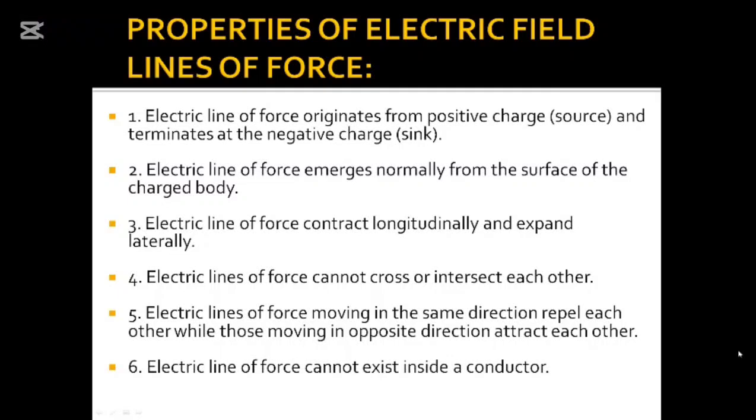Because some students will say, I thought when two conductors carrying current are moving in the same direction... No, that's not what we're saying. We're talking about lines of force now. So when electric lines of force are moving in the same direction, they repel each other. But when they are moving in opposite directions, they attract each other. Put this in your head now.